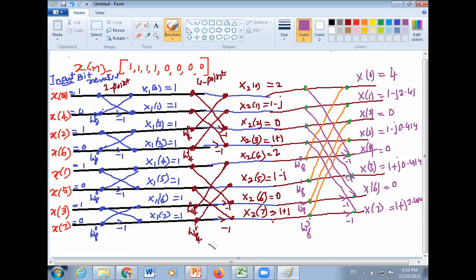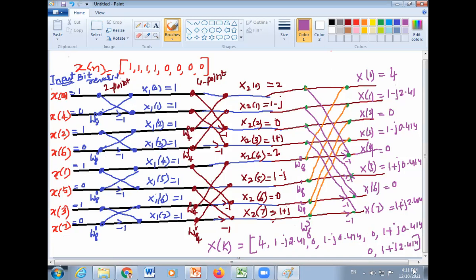Finally we can write the answer as x of k equals 4, 1 minus j 2.414, 0, 1 minus j 0.414, 0, 1 plus j 0.414, 0, and lastly 1 plus j 2.414. So this is the way we have to write the final answer.